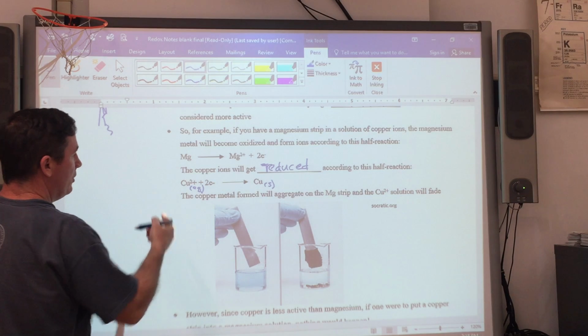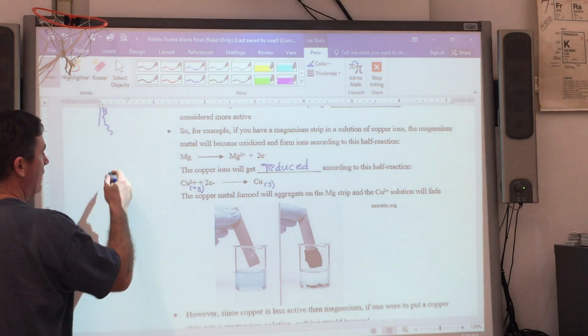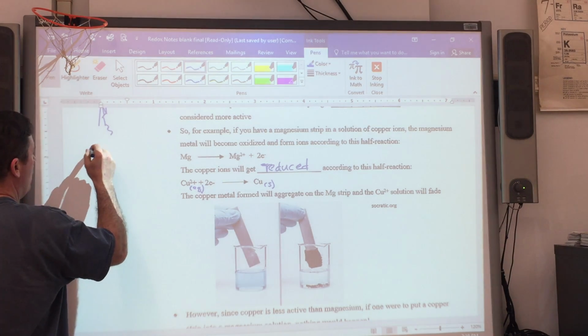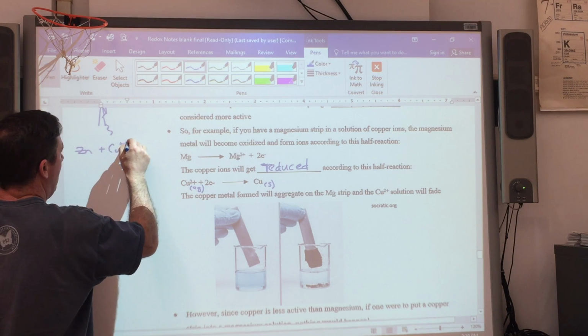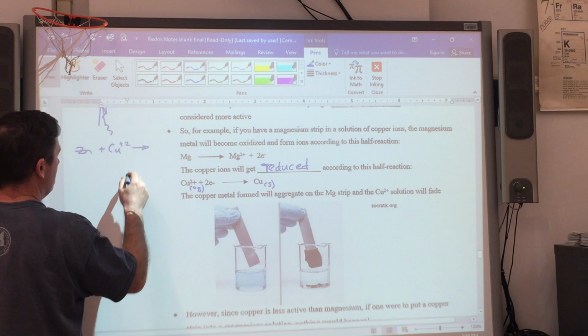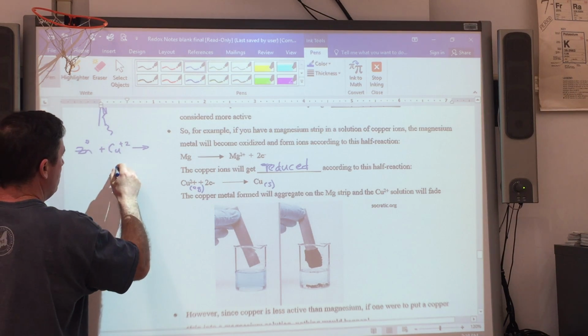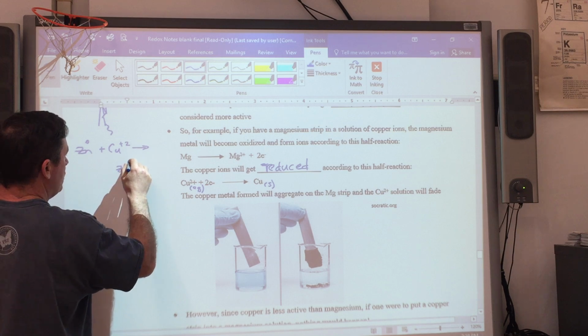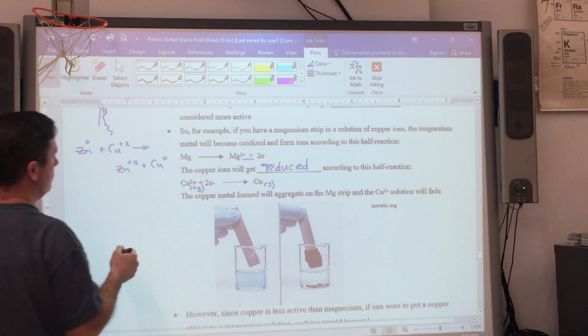and I could do a full balanced reaction with this. Actually, let's do that. So if I start with zinc and I add it to copper ions, this is 0, this is zinc 0. I'm going to have zinc 2+ and copper metal 0.